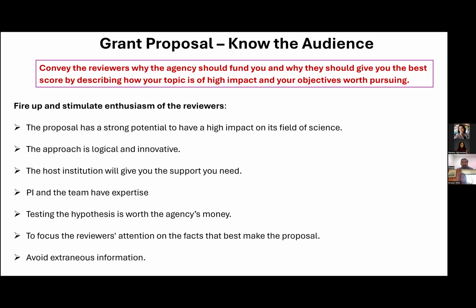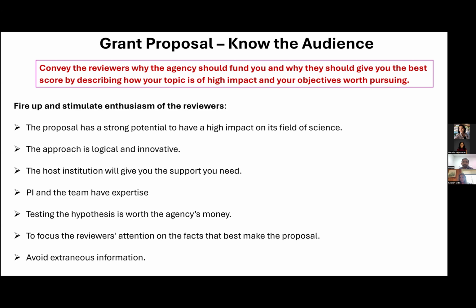These questions should be indirectly answered in your proposal. Every time somebody reads it, they ask: why should I fund this? Why should I support this grant? Because this is very relevant, this is very feasible, they have expertise, they have strong fundamental data, their hypothesis is valid.